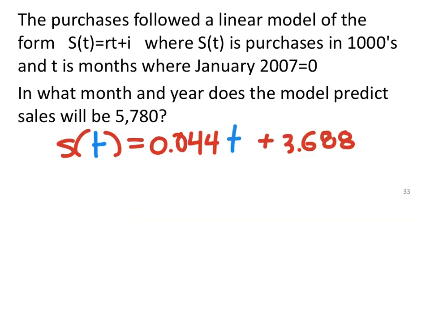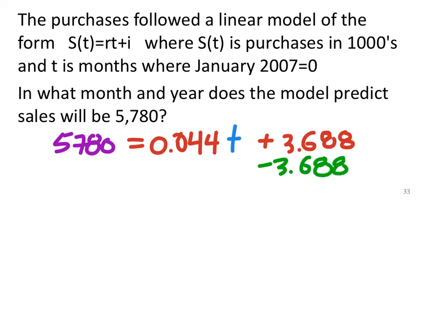So there's our formula, and we got to figure out what month and year does the model predict sales will be 5,780. And again, it's still based off of January 2007. Now this is asking purchases, right, which is S of T, so we're going to replace that with the 5,780, and this becomes an equation that we can then solve. So we would subtract 3.688.